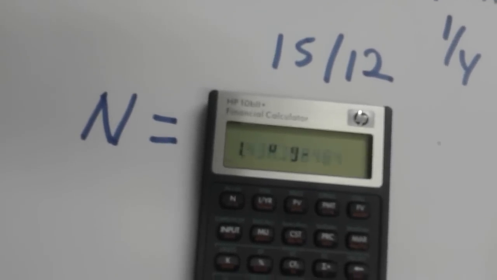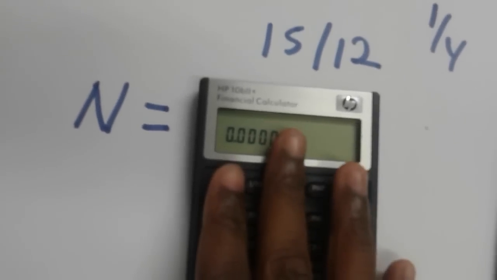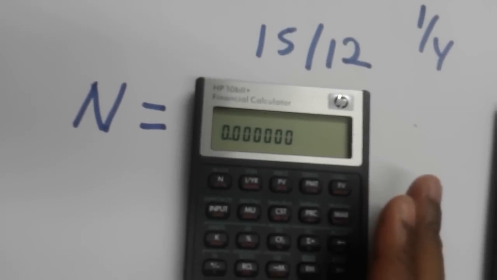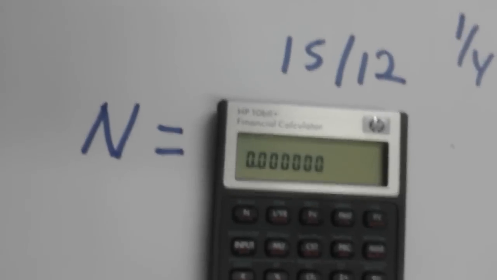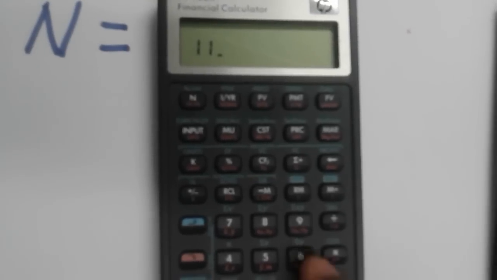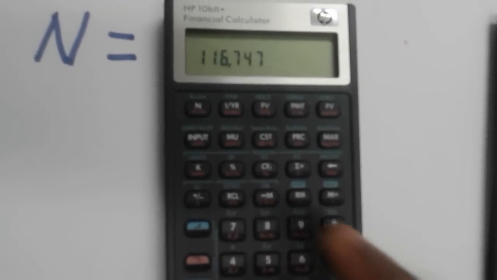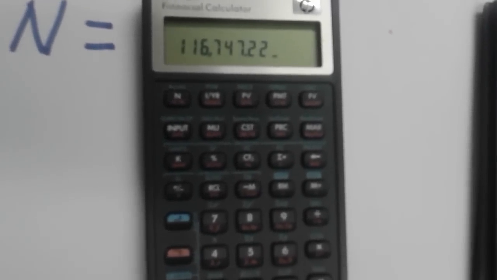I'll change this time around. So remember, there are those that set their calculators, but remember, my advice is don't set your calculator, just leave it at 1 per year. So we are now going to say 116,747.22, right?